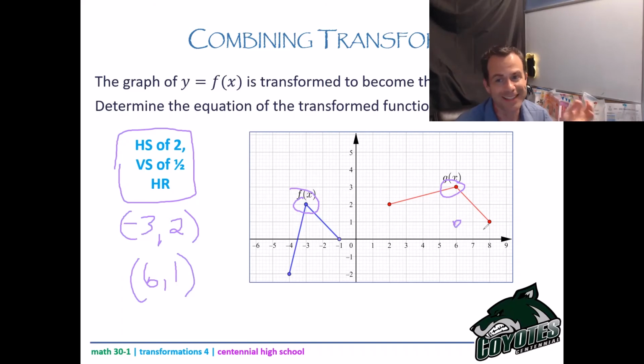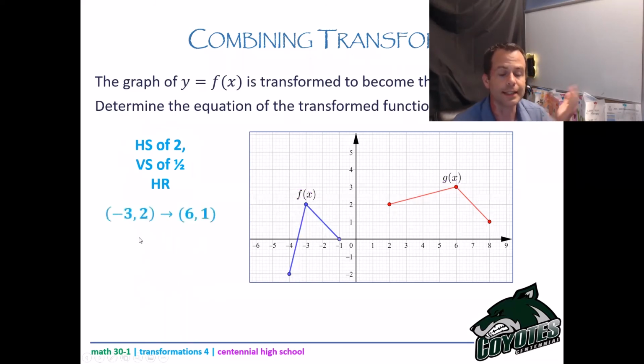Okay, but that's not where I want to be. I want to be at 6, 3, so I have to add in my translations. I have to slide the rest of the way there, essentially. Which means I'm going to have to add in, I need to go up 2, okay? All right, so I see that -3, 2 mapped to 6, 1, and then I know I need to go up 2.